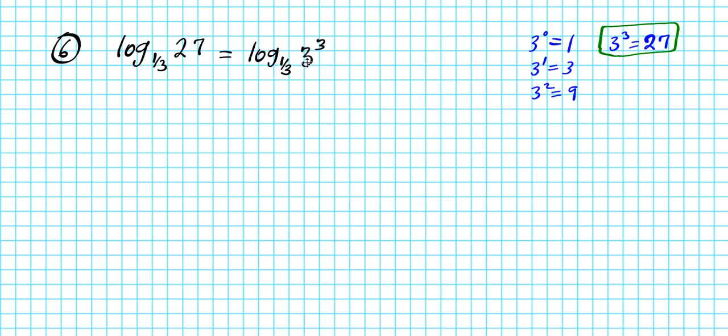If I reciprocate this 3, what happens to the exponent? Let's go over a rule real quick. Recall your reciprocal property of exponents. If you have x to the n and you reciprocate it, 1 over x, that becomes 1 over x raised to the negative n.